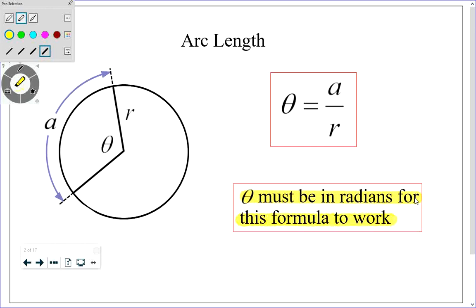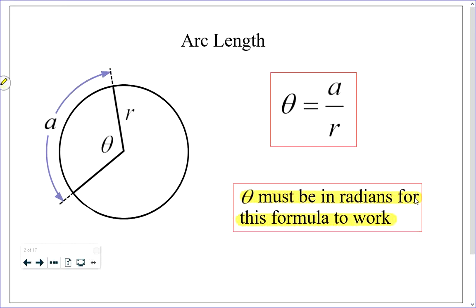It has to be in radians. I don't know how you're going to remember that. Quite often, if your calculator is in the wrong mode, you might get an answer that just totally doesn't make sense. Actually, it's probably most of the time.